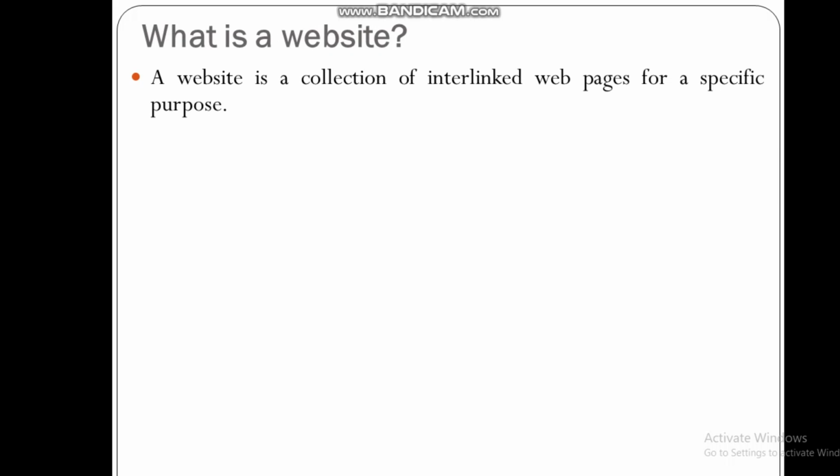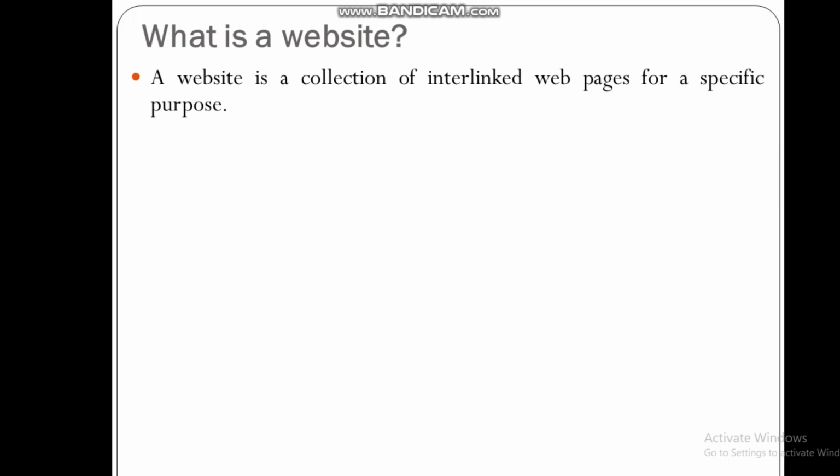What is a website? A website is a collection of interlinked web pages for a specific purpose. So it is a group of several web pages, and a web page is nothing but a simple HTML programming file.